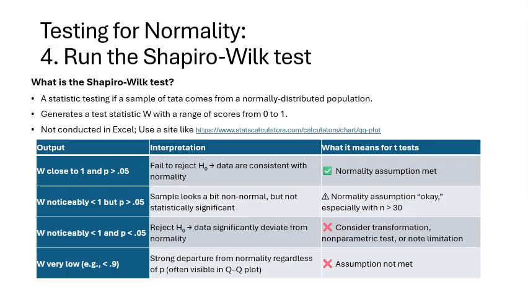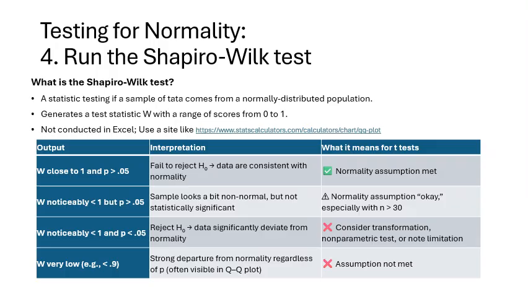If your W score is less than 1, but your probability is still showing that it's not significant, that means that your sample is a little bit non-normal, but it's not statistically significant, so you're okay to go ahead, but you want to be cautious, and you might want to mention that. If you have a large N greater than 30, it's even more likely to be okay.